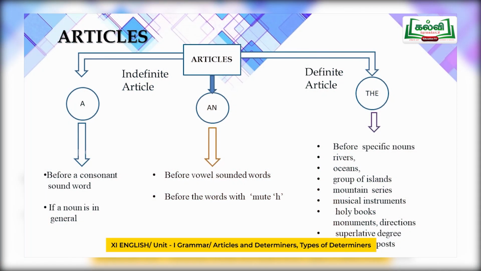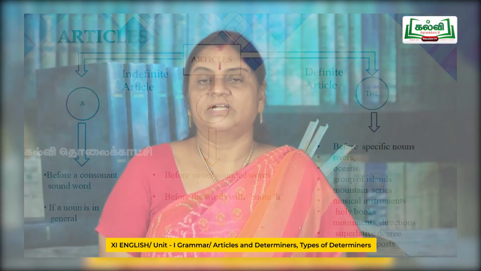And the next one is the definite article the. Where does the definite article come? The first one is before specific nouns. What is specific? When we talk about a cow, wherever it is, we use a cow. When we talk about one particular cow which is in our place, we use the cow. Another example is a boy. A boy means wherever he is, we are talking about one boy.